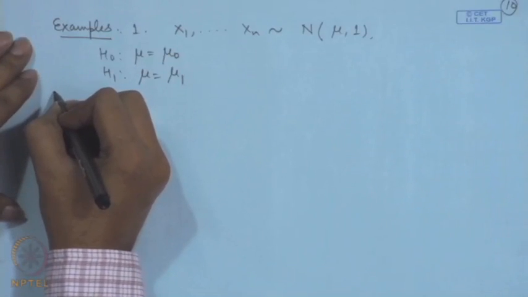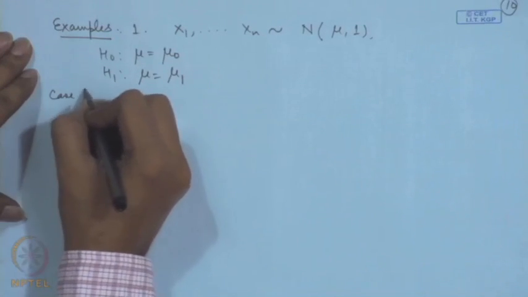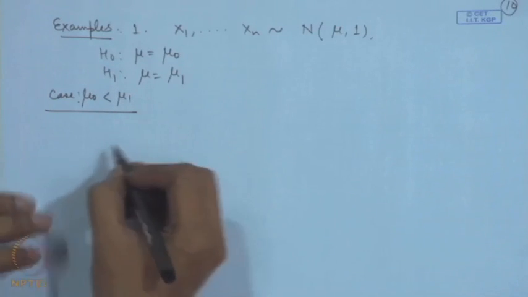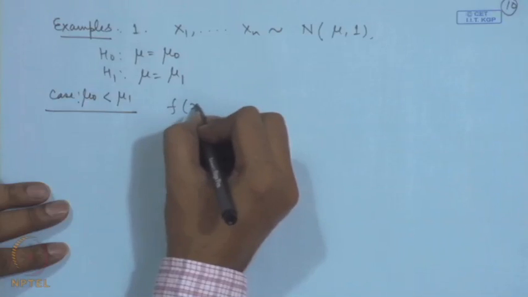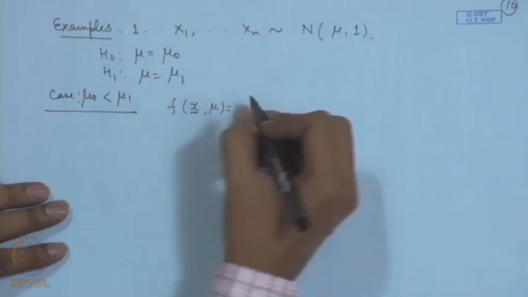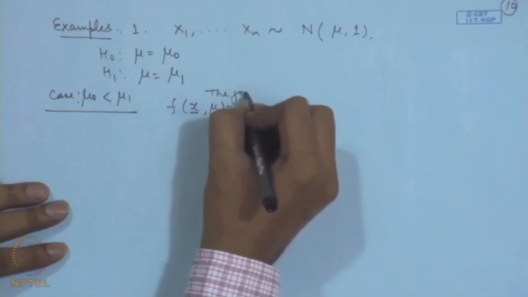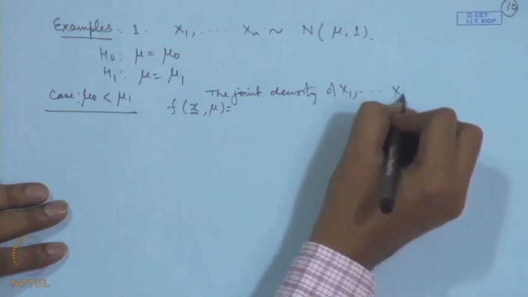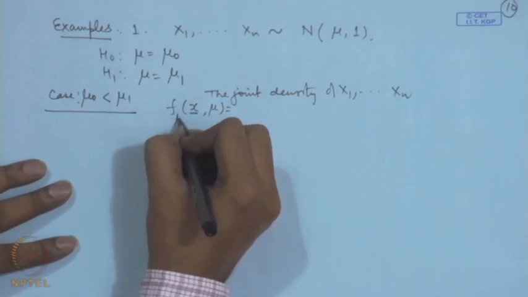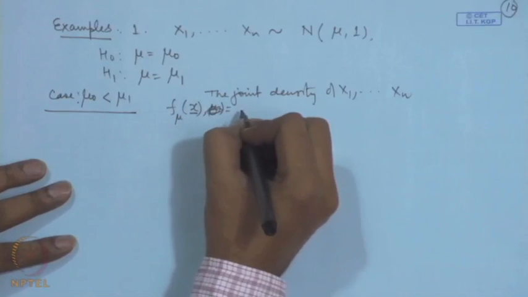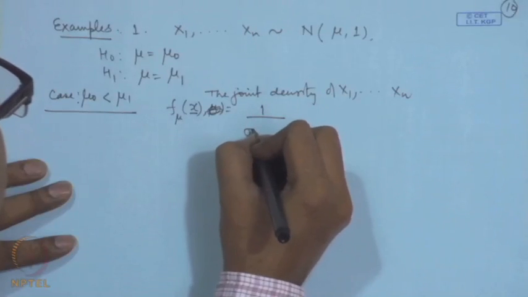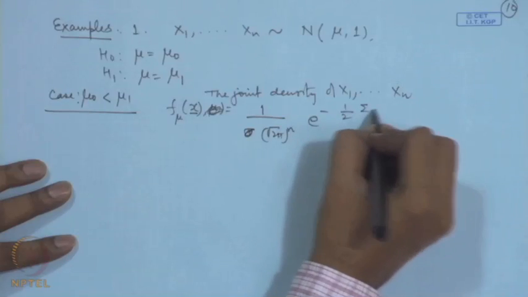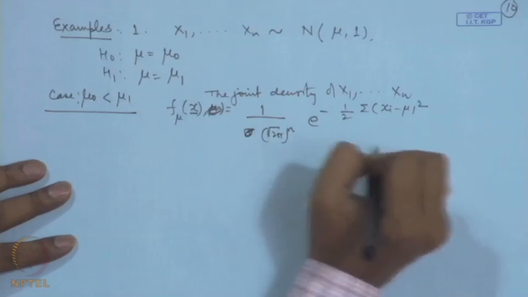Let us take the case mu naught less than mu 1. So, let us write down the joint density of x 1, x 2, ..., x n at mu. That is equal to (1 by sigma root 2 pi) to the power n, e to the power minus 1 by 2 sigma squared, sum of (x i minus mu) squared.